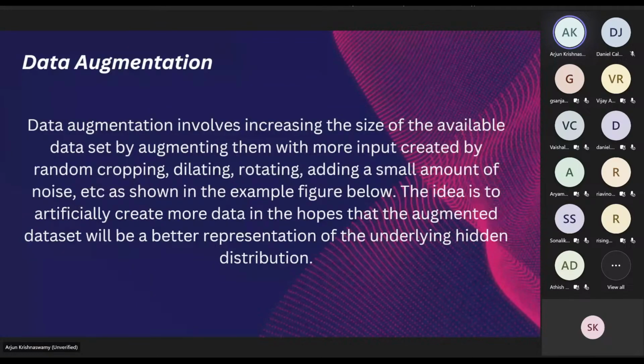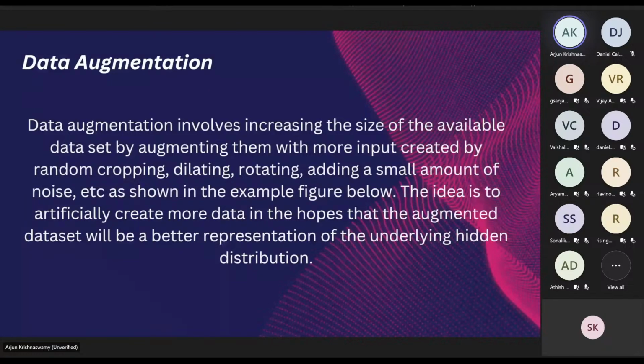Whenever you deal with images, suppose you have one picture of an apple. That's not enough. So to generate more, we artificially increase the data set size by making some changes. This includes cropping, dilating, rotating, adding noise, decoloration, increasing brightness, reducing brightness, and getting a mirror image.